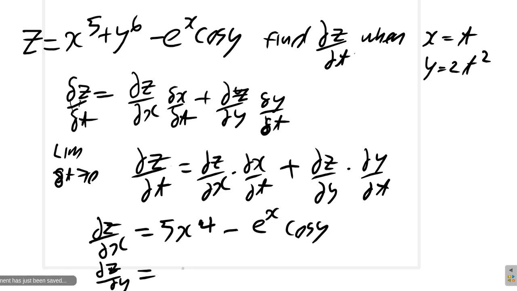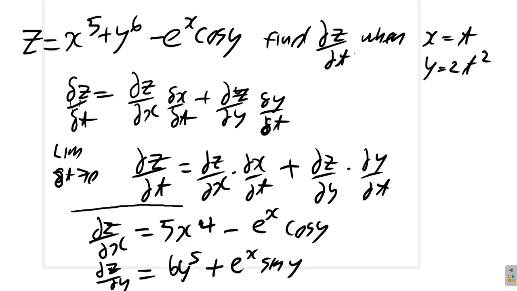Well, when you work it out, it's 6y to the 5th. When you differentiate cos, you get negative sine. Negative and negative is going to be a plus. It's going to be e to the x sine y. Alright?